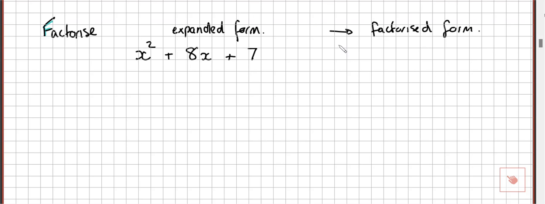And our first attempt is to say, right, there could be 2 sets of brackets, and we're looking for the values that could go in there. And it could be a plus or a minus, so we're looking to fill those gaps. Okay? That makes sense.